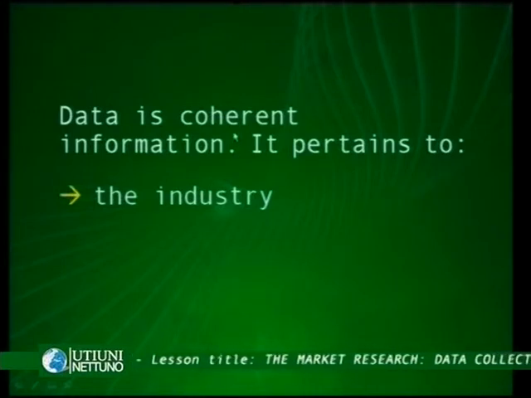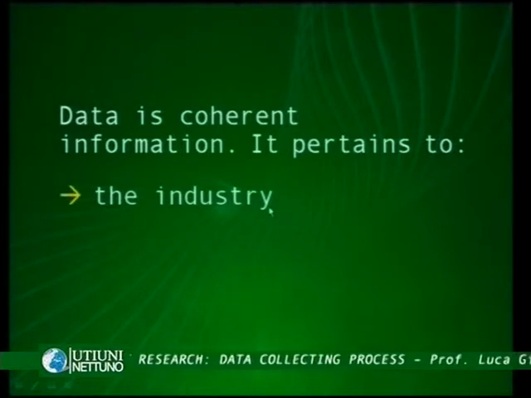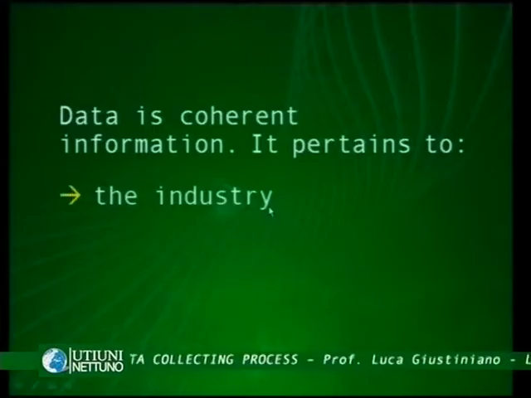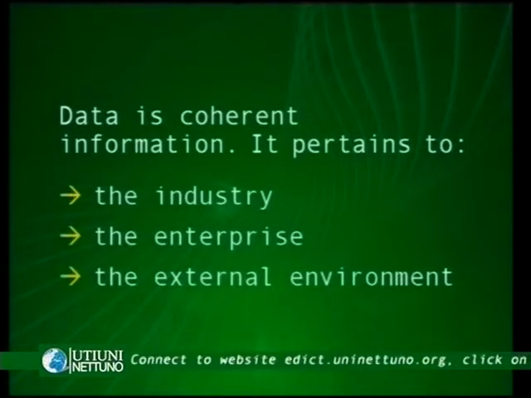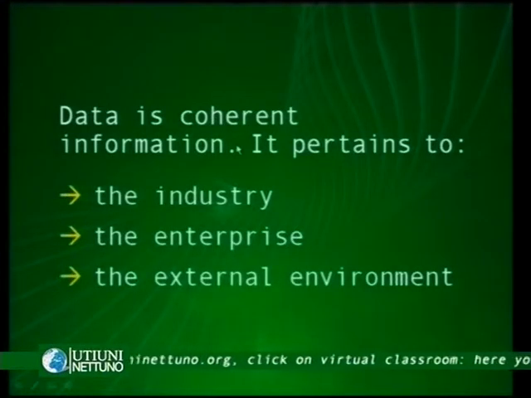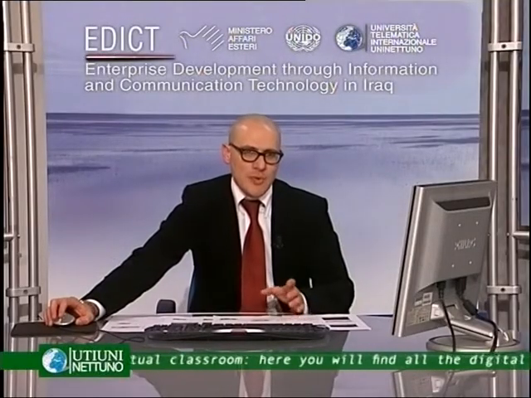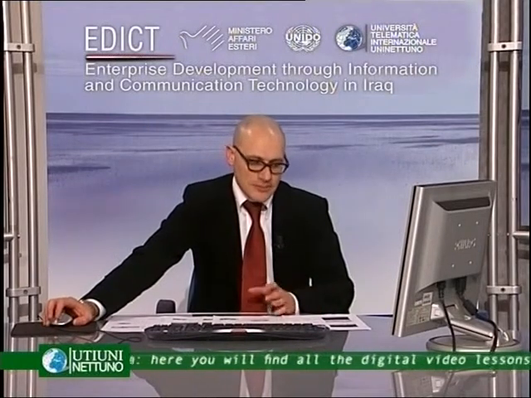So data is coherent information and it pertains to specific items like the industry we're operating in or we're about to operate in, the enterprise, considering the hosting organization of the investment projects we're dealing with in this program, and the external environment. So again, the coherence of such information is evaluated according to the target we're going to analyze. So we might have data about the industry, about the enterprise, about the external environment.